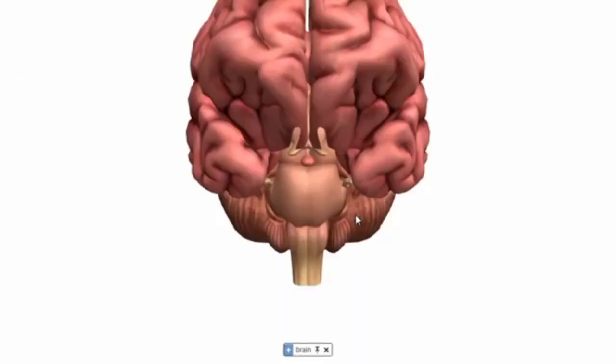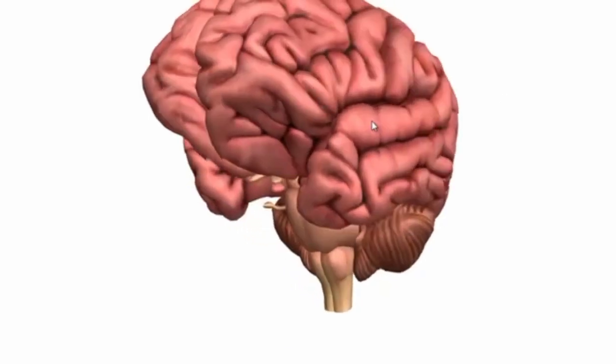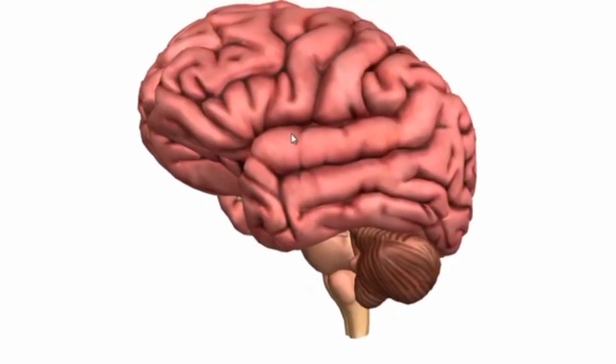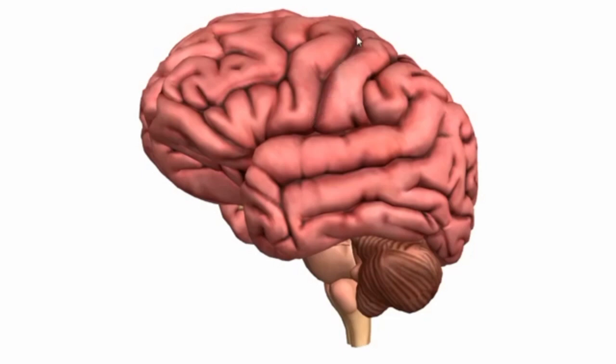So just looking at the outside of this cerebral hemisphere, you can see that there's these grooves, and you've got ridges. So the ridges are called gyri, and the grooves are called sulci. And you've got lots of these different grooves and ridges, as you can see, and they all have different names. But 2 important ones to remember are the central sulcus, which I'm showing you here with the arrow, and the lateral sulcus.